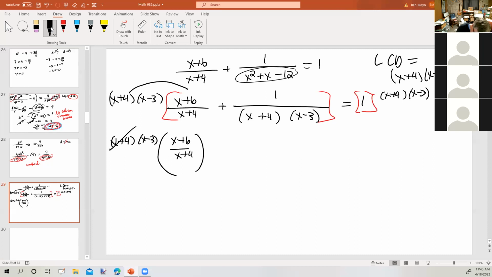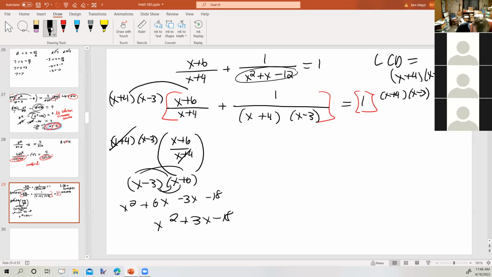What's going to happen there? The x plus 4s are going to reduce down, and I'm going to have x minus 3 times x plus 6, which is x squared plus 6x minus 3x minus 18, which is x squared plus 3x minus 18.